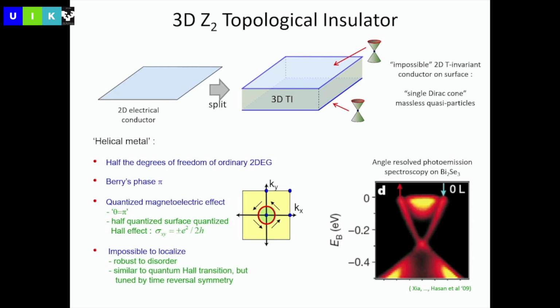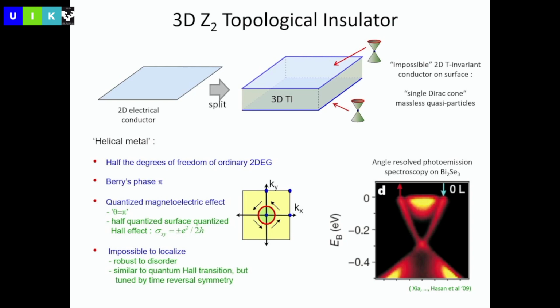Okay, and this pi leads to some interesting features. One way of describing it is a quantized magnetoelectric effect. There's a number called theta, which is equal to pi here. What that's related to is the fact that if you were to break time reversal symmetry on this surface, then you could open up a gap in the surface state, and that would have a half-quantized integer quantum Hall effect.